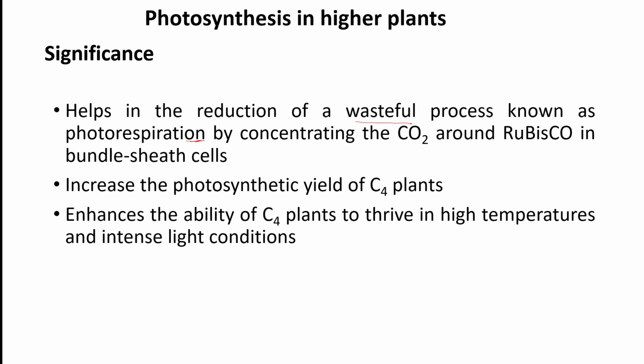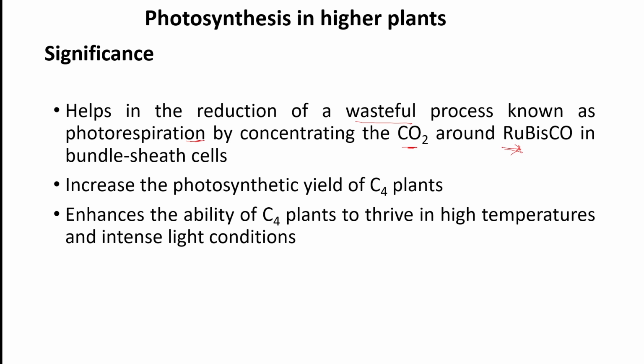There is a reduction of the photorespiration by concentrating carbon dioxide around the Rubisco enzyme. You've already seen that in bundle sheath cells, Rubisco is present and carbon dioxide is released during the decarboxylation of malate, and this carbon dioxide enters the C3 cycle where Rubisco enzyme is involved. So C4 plants are able to concentrate the carbon dioxide around the Rubisco enzyme.